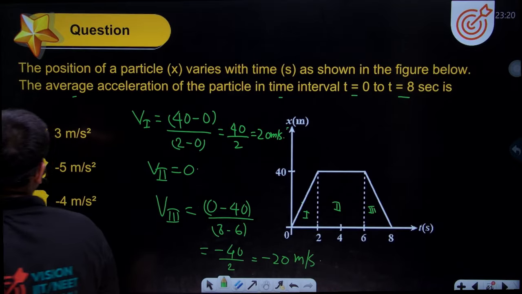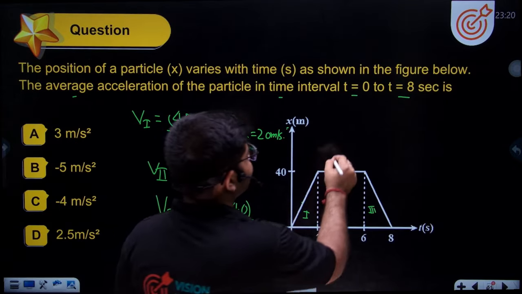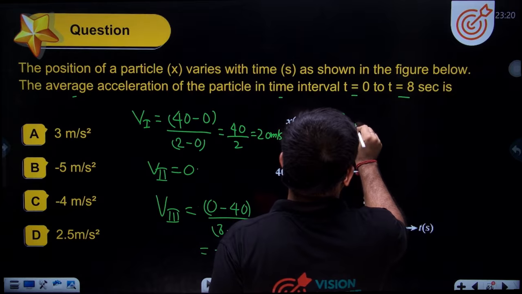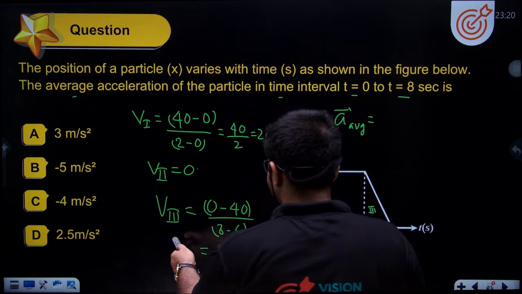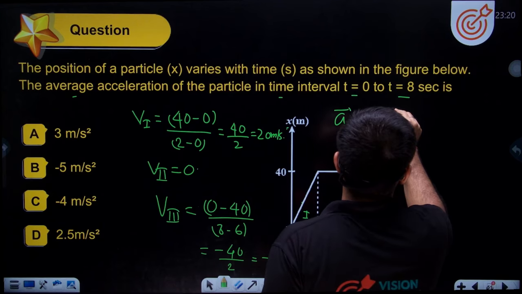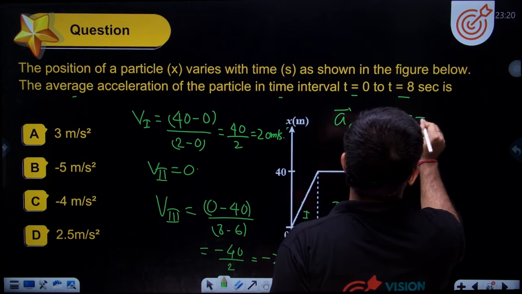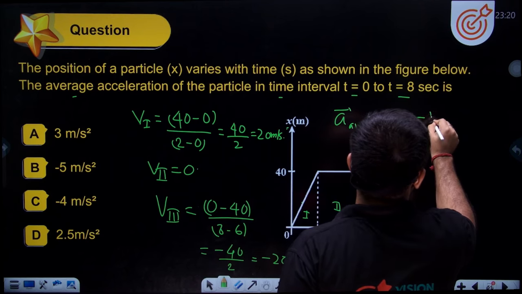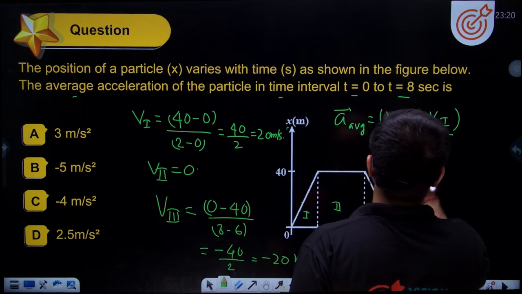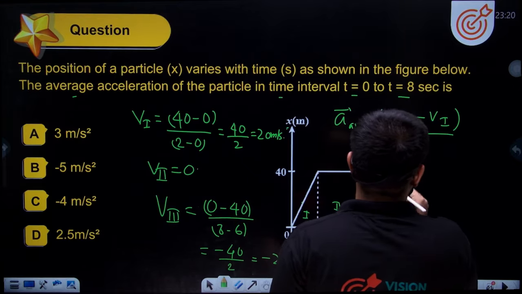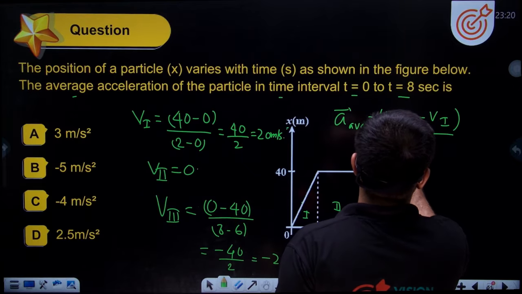Now the acceleration, they want average acceleration. Acceleration average, what is it going to be? Final minus initial. What is the final velocity? v3. So I can say v3 minus v1, because v2 is 0, divided by the total time del t. What is the del t? 8 minus 0.